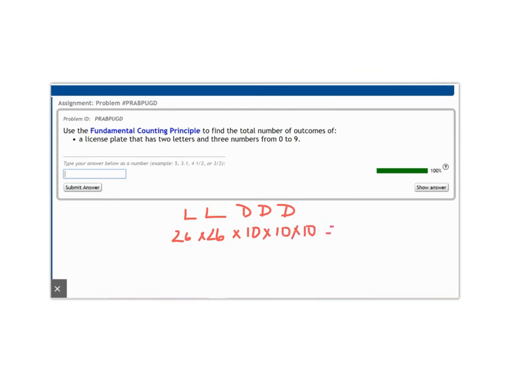So then we're going to multiply by 10 times 10 times 10. So 26 times 26 times 10 times 10 times 10 is 676,000 possible outcomes.